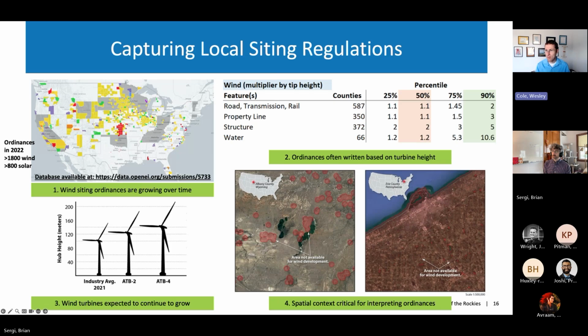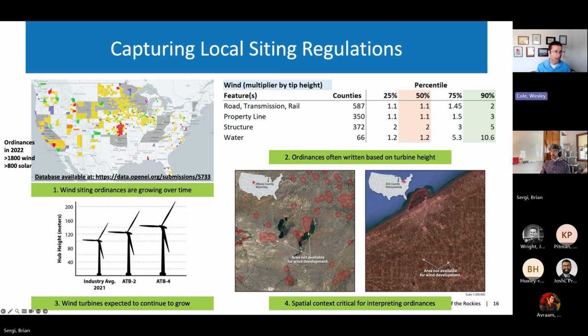So there's not very many red bubbles there showing where the exclusion layers are from these ordinances, versus Erie County, Pennsylvania on the right, where basically the entire county is precluded from development because of these setbacks, because of population density associated with them. So these ordinances in context with the underlying infrastructure lead to what the land is that's available for development.